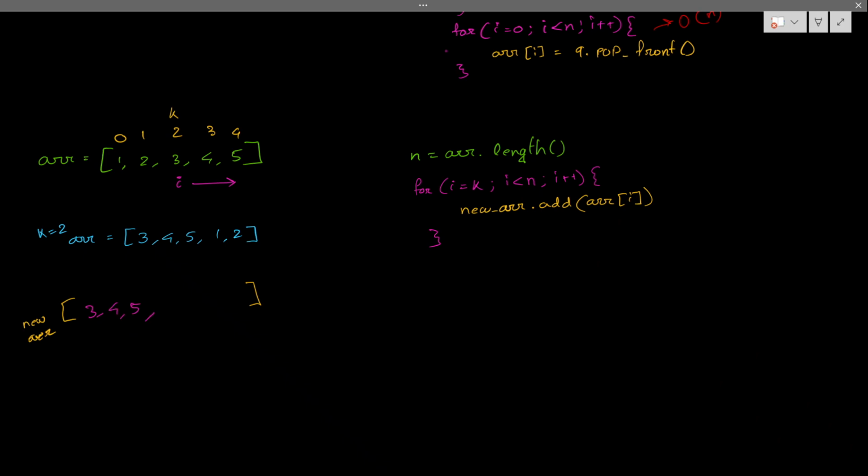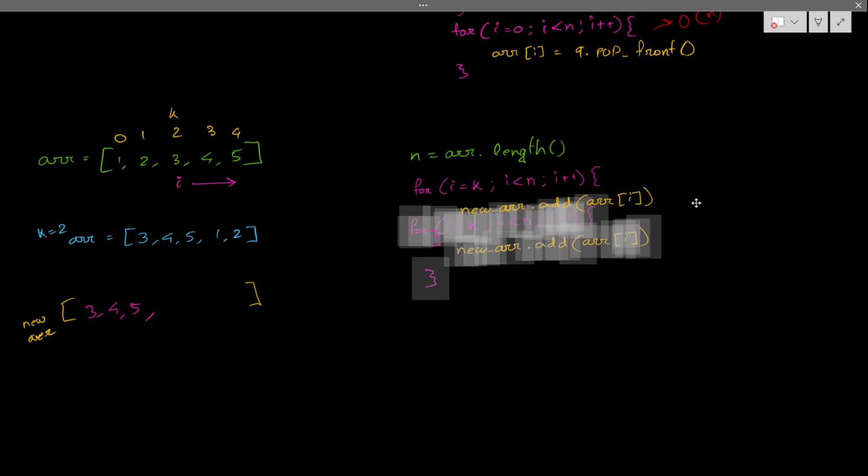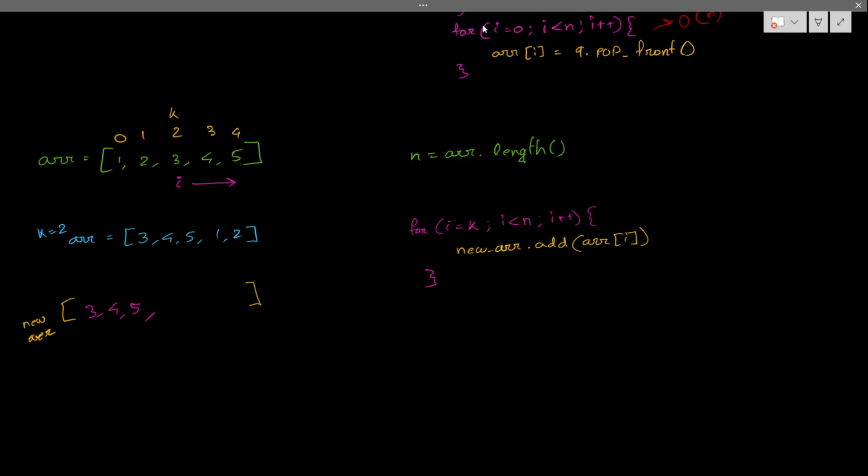Now I have to add these 2 elements. So I have to start i again from 0 up to the kth minus 1 element. Before that, I forgot to reduce the value of k. So please optimize the k value: k will be k modulo n.